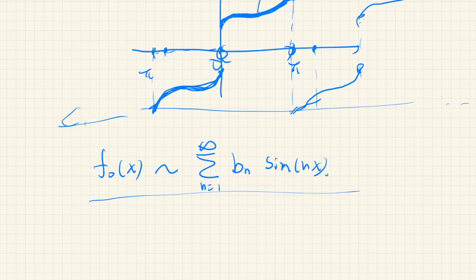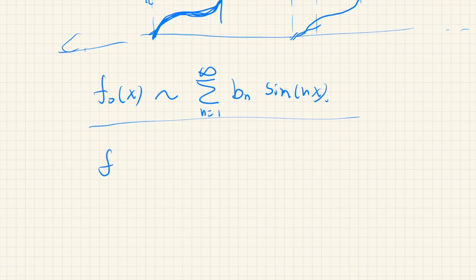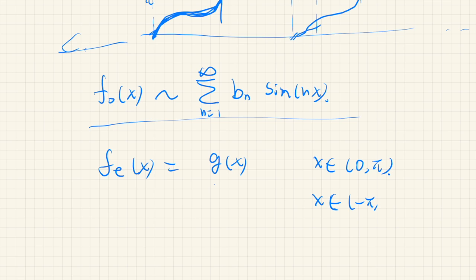And similarly, we can construct an even function, fe of x, based on g of x. When x is between 0 and pi, we have g of x, and when x is between negative pi and 0, we just define g of negative x.